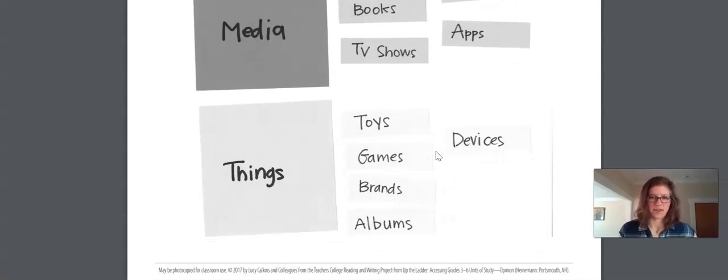There might be a thing that you might want to review, a special toy or game, a brand, an album, like a music album, or a device that you would like to write a review about. So think about what your topic might be, and we will click over to our mentor text.